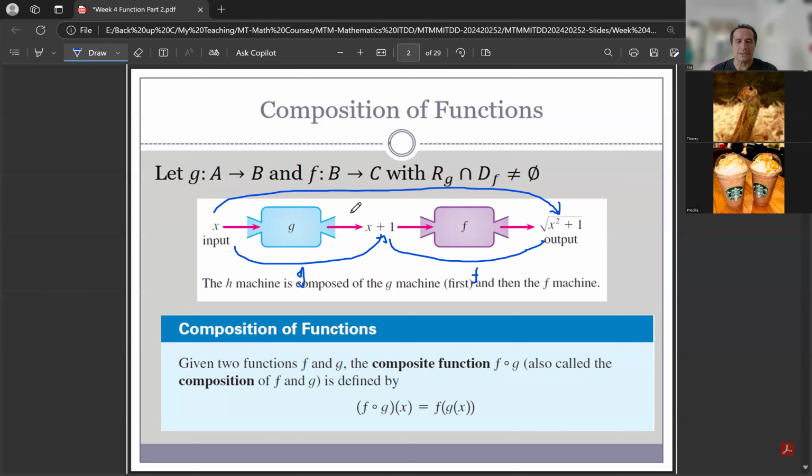The composition is denoted by f∘g. Yeah, we say that f∘g.